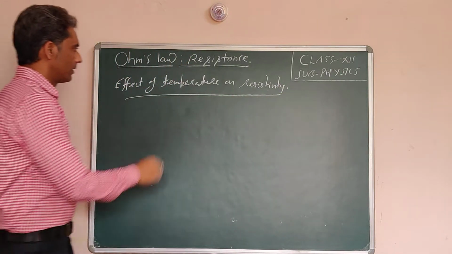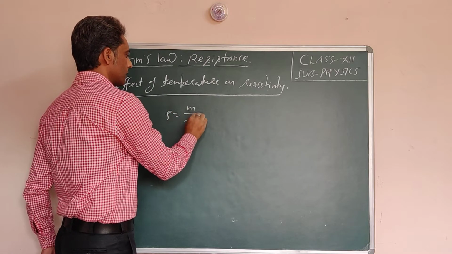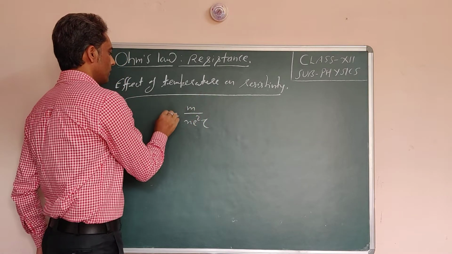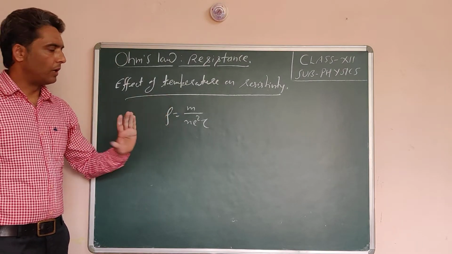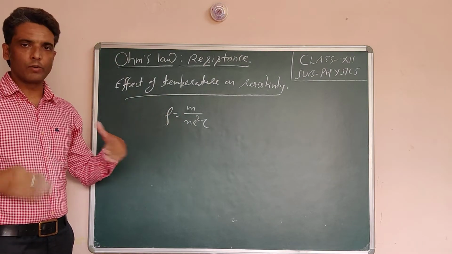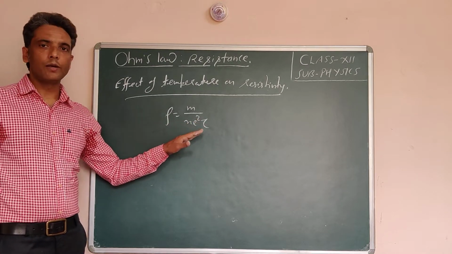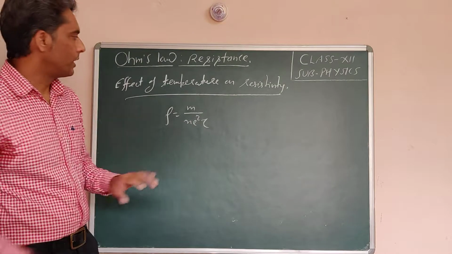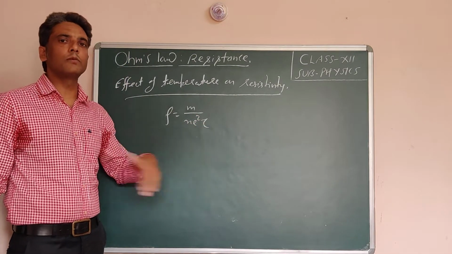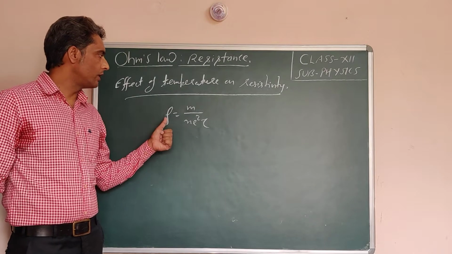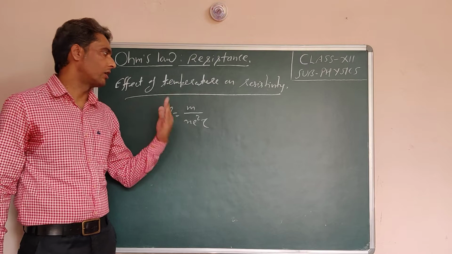So as I discussed, if rho is the resistivity, then rho is equal to m over n e square tau. Here this m is the mass of the electron, n is the number of electrons per unit volume, e is the charge on electron, and tau is the average relaxation time. And this tau is a function of temperature. Means we can say that this resistivity is a function of temperature for a given conductor.